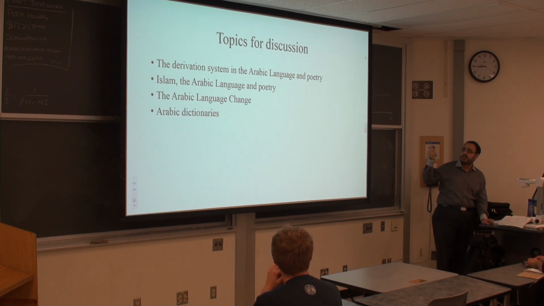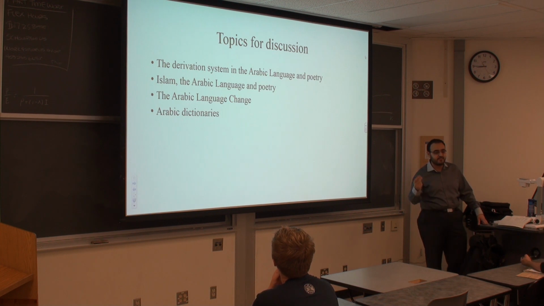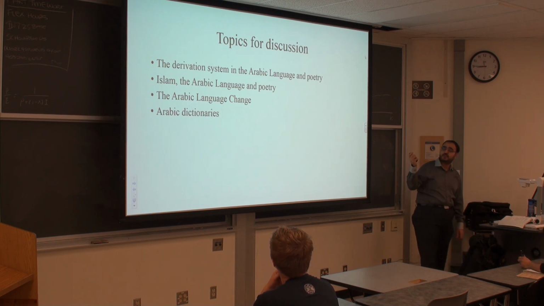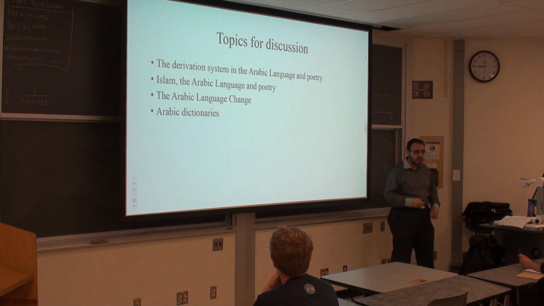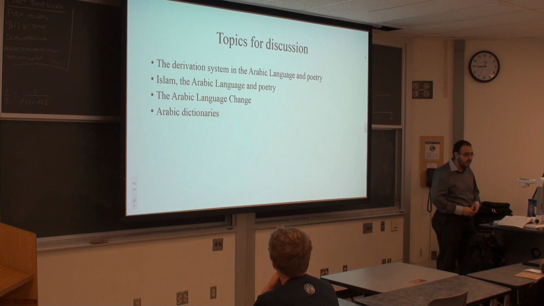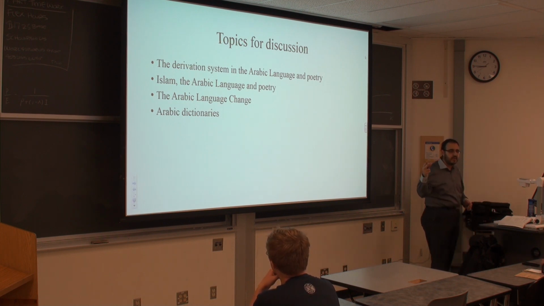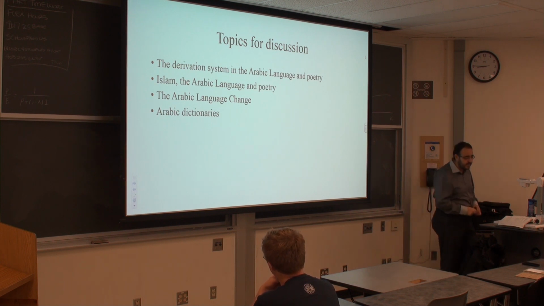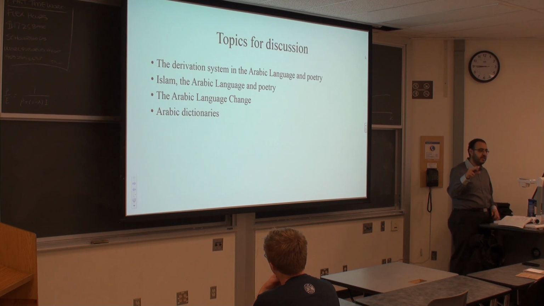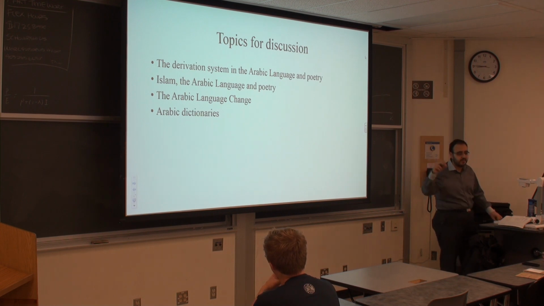So in brief, Arabic and Islam have always been tied together. However, Islam had a negative influence on Arabic poetry. So Arabic poetry before Islam was at a peak, and after Islam, it never returned to that peak. In some eras, it was okay. It had some lower peaks, but never at the same peak that it was before Islam.